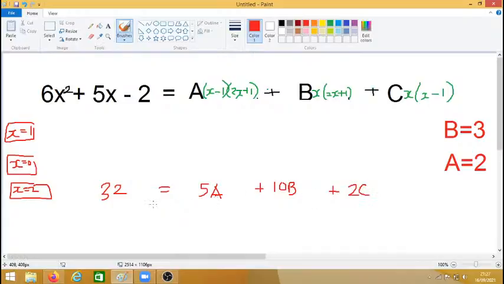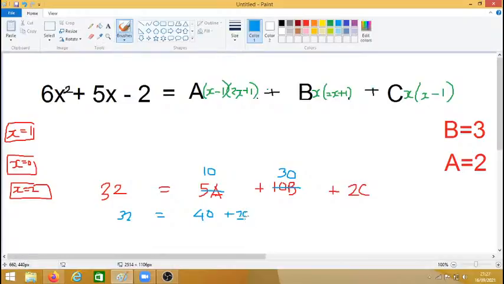Now what might look a bit of a problem is that we've got 3 unknowns and only 1 equation, but have a look. Because of the work we've done before, we know that b is 3, a is 2, so let's use that. b is 3, so 10 times b would be 30. a is 2, so 5a would be 10. 10 plus 30 makes 40, so I've got 32 equals 40 plus 2c.